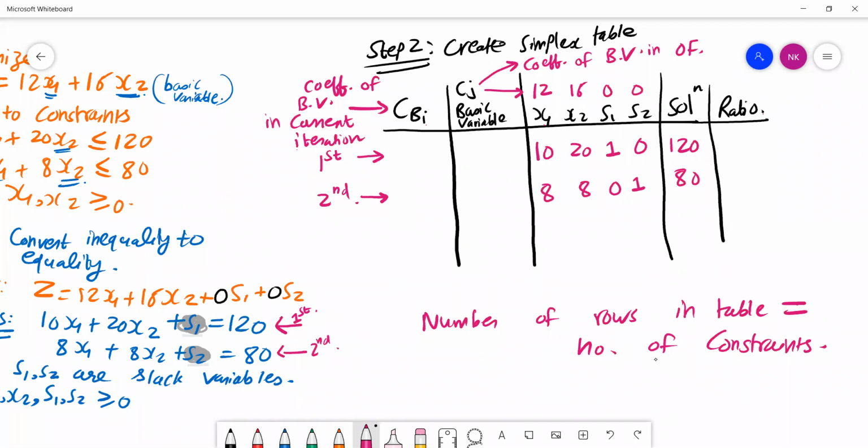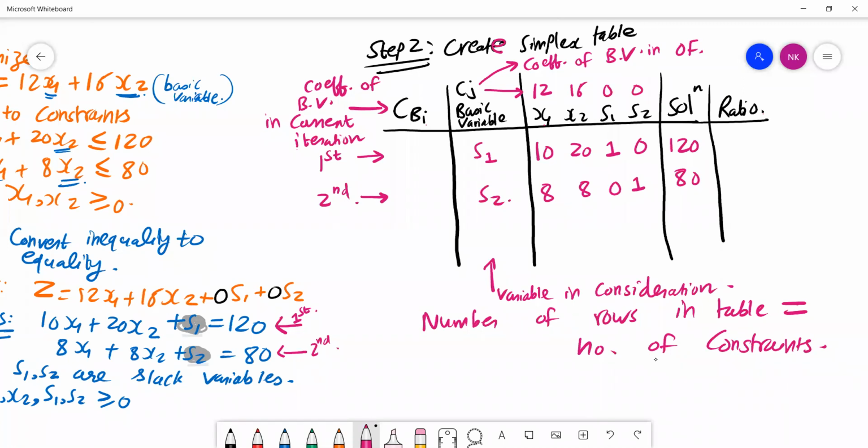Now, the next step: whenever you are creating the simplex table for the very first time, this particular column will be the variables in consideration. At the very first instance, for the first table, you will always be considering the slack or the surplus variables.